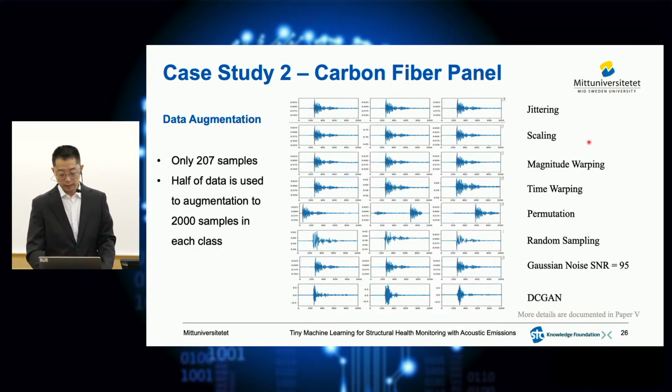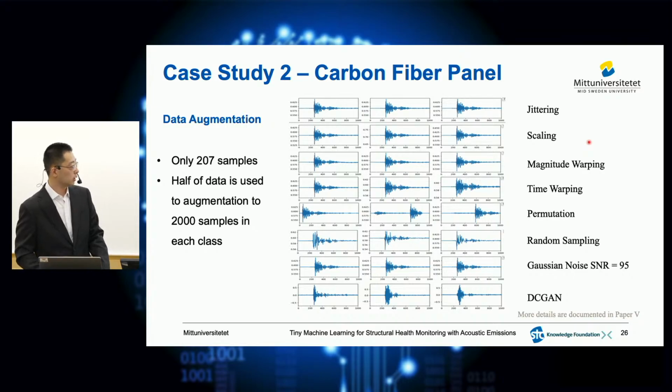And permutation is a process where the segments of a signal are shuffled in a random order to reduce the variations while maintaining the overall signal structure. But here we could say the quality is not that good, so we remove this method in the rest of our study. Random sampling is also quite easy to understand, just randomly sampling from the original signal. We also add Gaussian noise at a specific signal-to-noise ratio of 95.